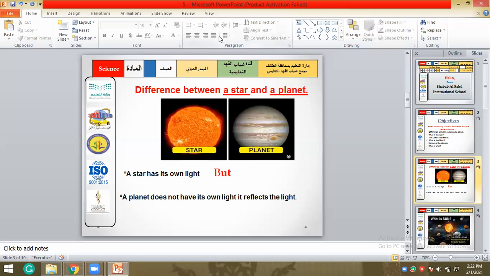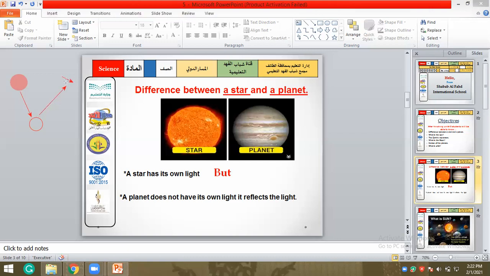It reflects the light. What is a reflection? As I told you, think that this is a planet, and here we have a star. The light of a star comes, touches the surface of a planet and reflects.